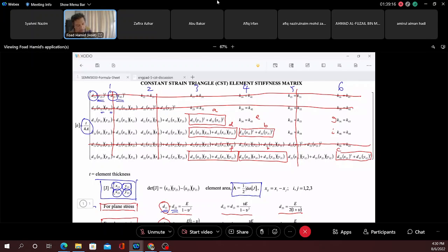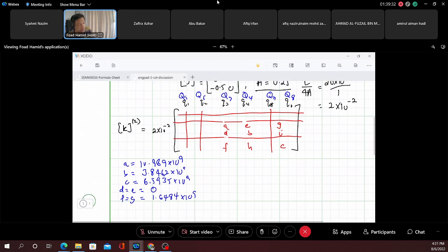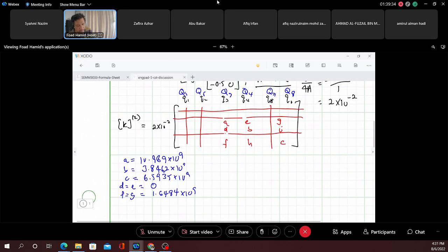So 0, D, E, and then we can find F equal to G equal to 1.6484 times 10 to the power of 9, and then H equal to I, and this should equal to minus 3.8462 times 10 to the power of 9.